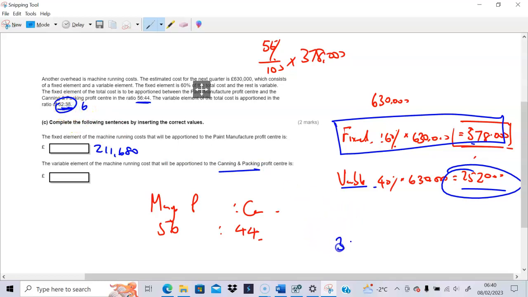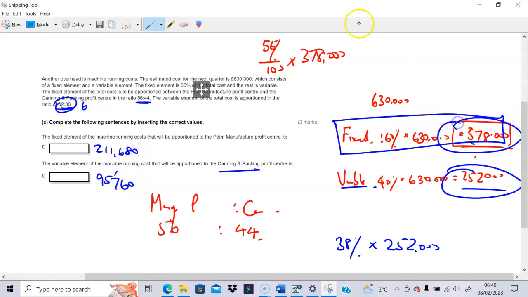So I really want 38% of 252,000, which is 95,760. That's what we're looking for, isn't it?